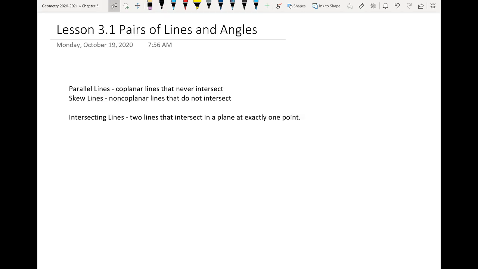Next, we have the notion of parallel planes. Consider the paper you're writing on. If you take another piece of paper and float it above your paper, the way you would with lines, it's going to be equidistant everywhere.